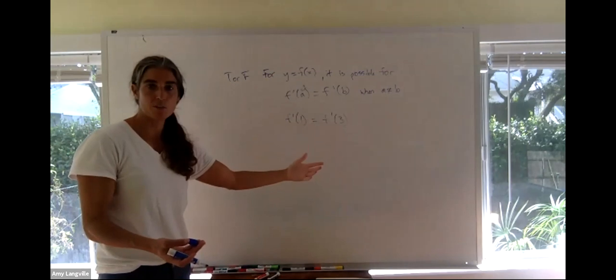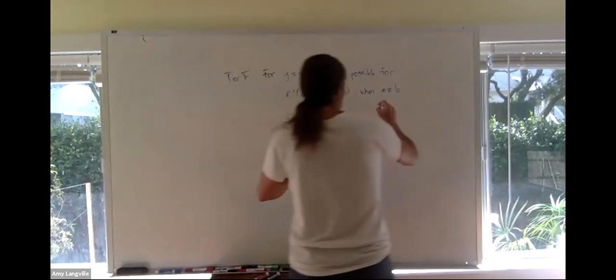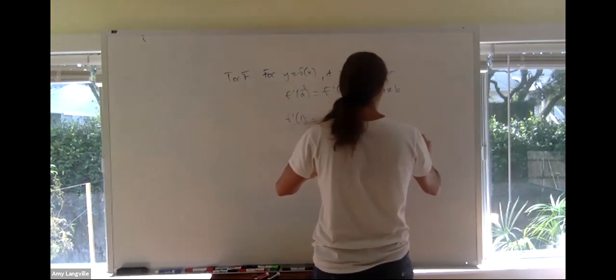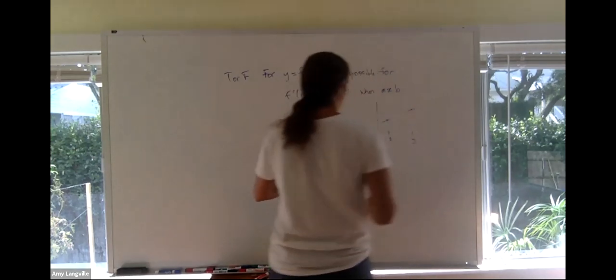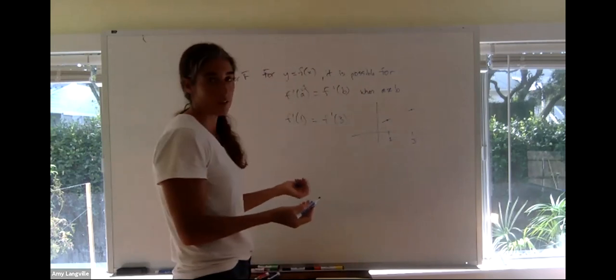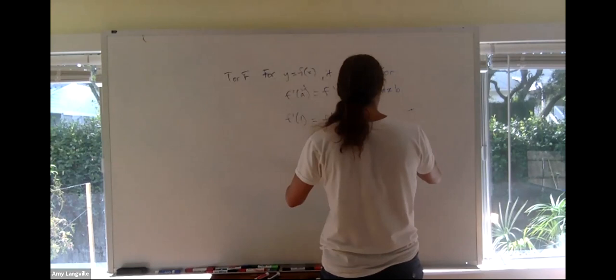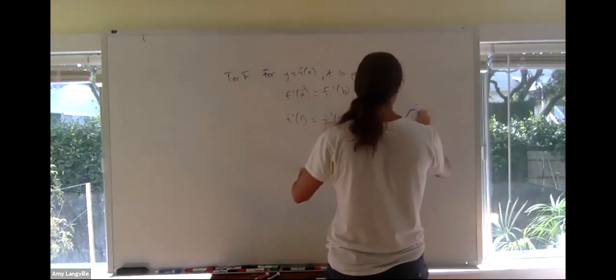Is that ever possible? Let's try to draw a picture. So at 1 and at 3, we're at some point on the function, and we have the same slope. So what's a function that could do that? Well, there's infinitely many, but I'll just draw one. Maybe there's one that went like this.